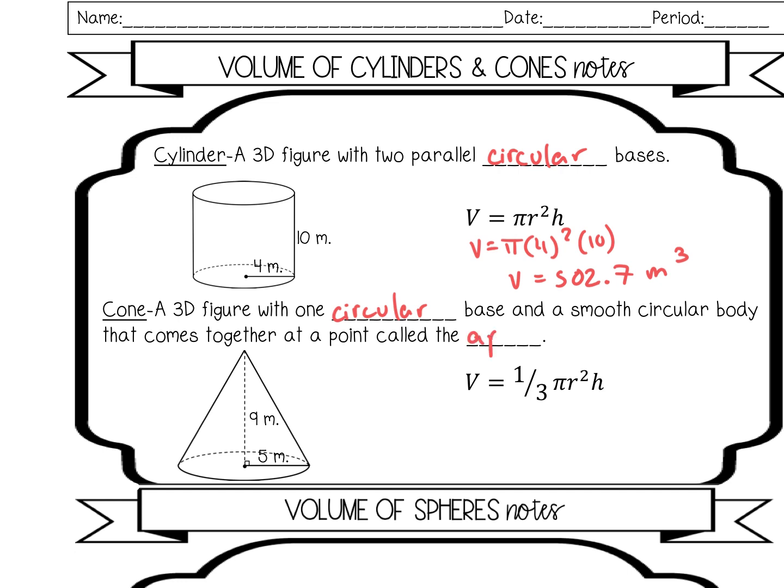We're just restating what we learned before. So here our volume is 1/3 times pi times 5 squared times 9. So our volume is 235.6 meters cubed. And again, note that the height has to be perpendicular to the base.